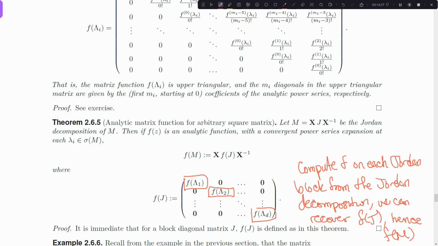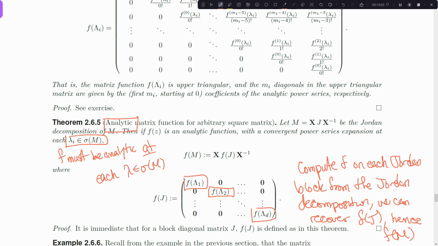Now the only thing is that all of a sudden these functions do have to be analytic, and they have to be analytic at every single lambda in the spectrum. So f must be analytic at each lambda in the spectrum.